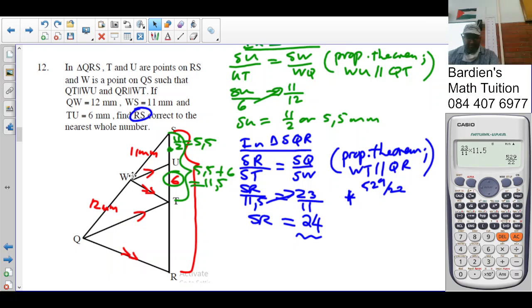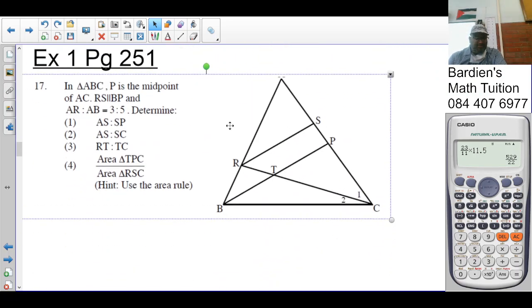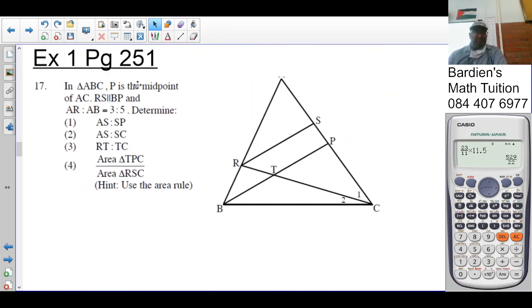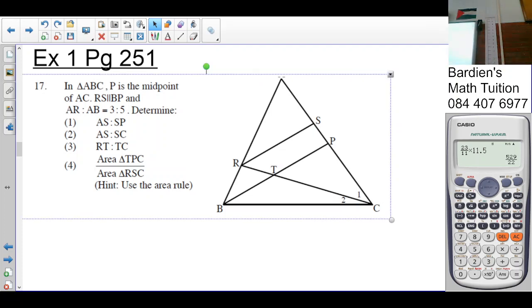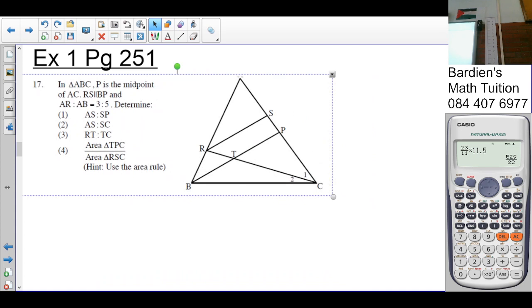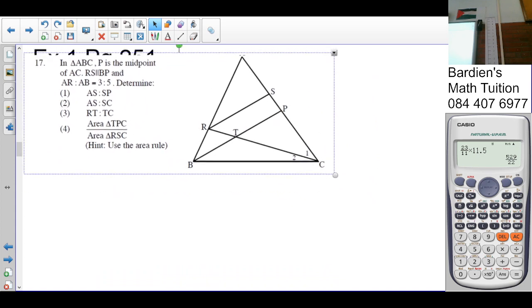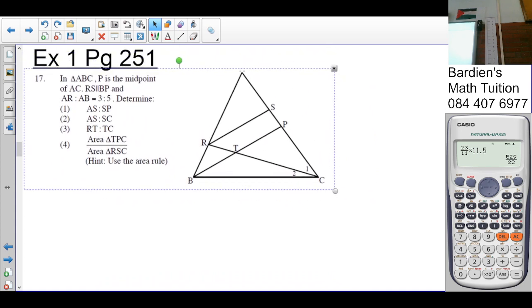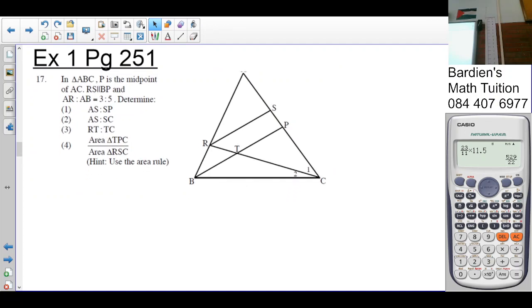Okay. Look at the last one. We have not many minutes left. Exercise 1, page 251, number 17. Okay. I'm going to make this a bit smaller. So we are told that in triangle ABC, I think the A belongs to the top, no?